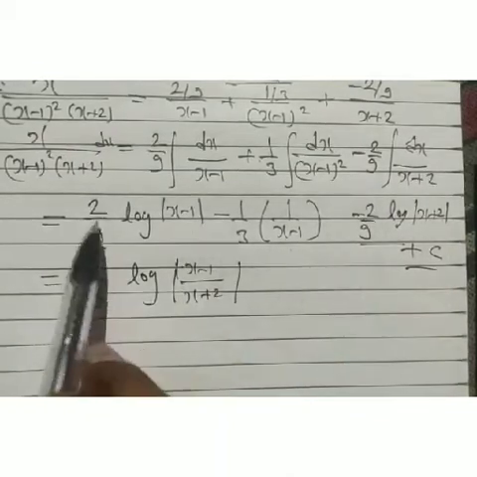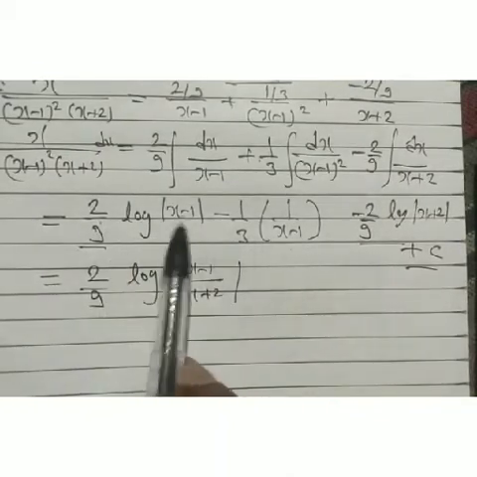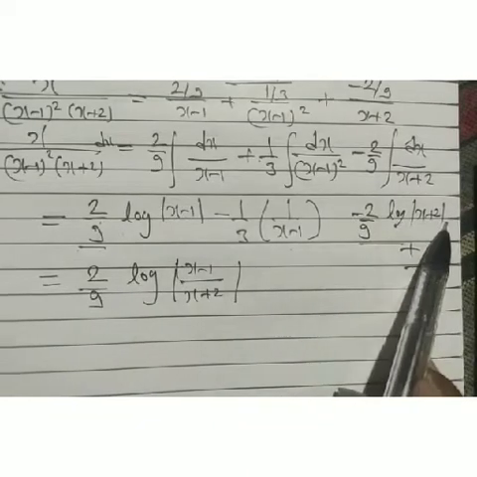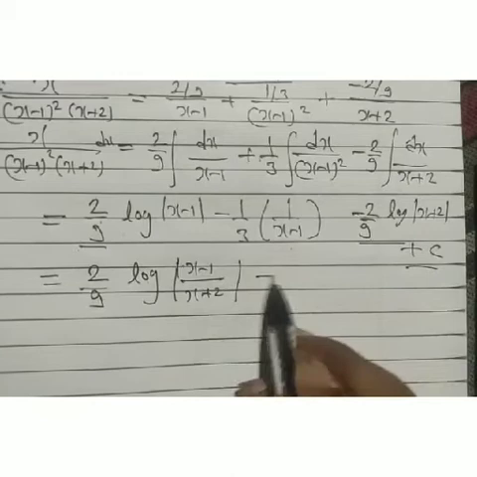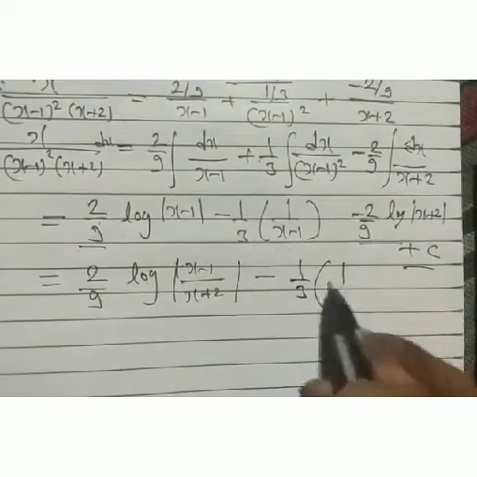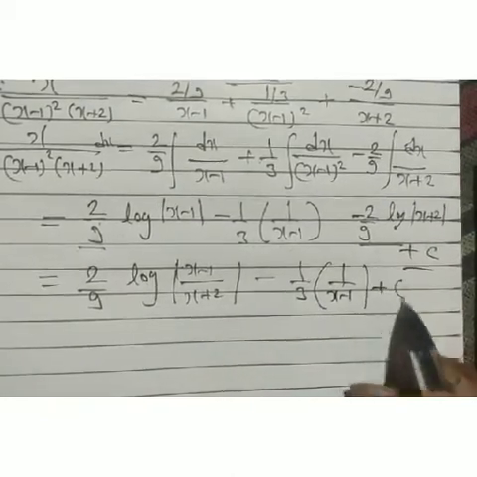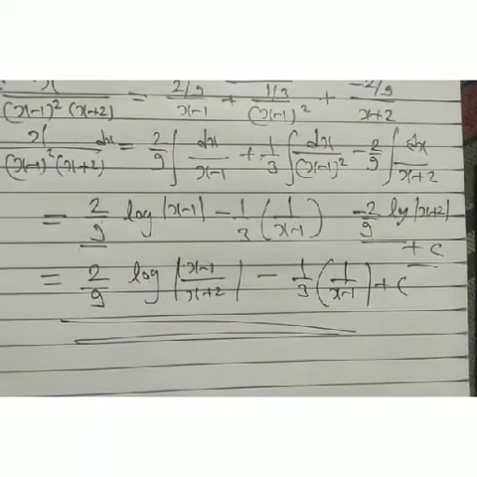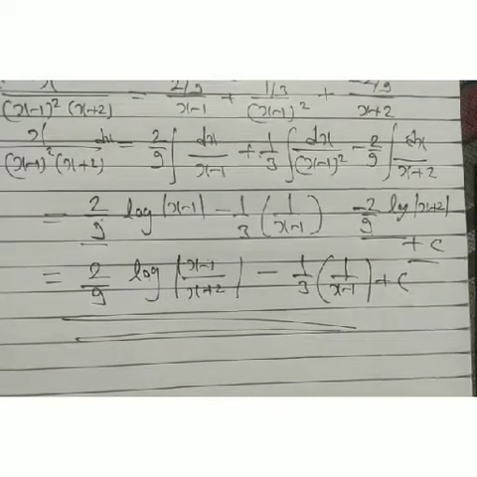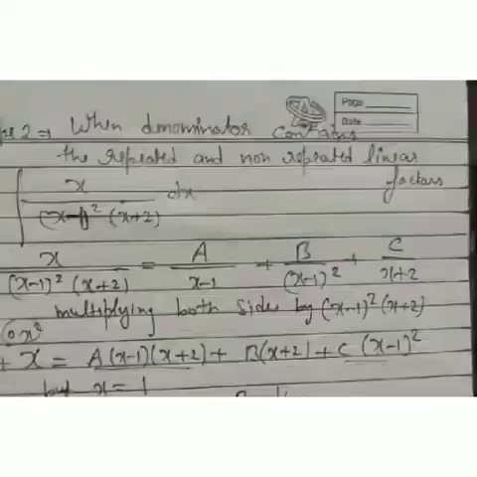Taking 2 by 9 common, we have log x minus 1 minus log x plus 2, which is of the type log m by n, and then minus 1 by 3 into 1 upon x minus 1, plus c. This is our required answer. Now we move to our third case there.